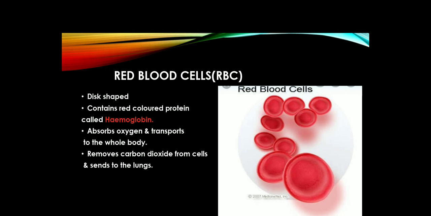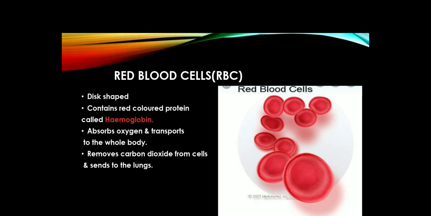And what is the function of hemoglobin? It absorbs the oxygen and transports it to the whole body, and it removes carbon dioxide from the cells and then puts it to the lungs. Okay, so just have a look at this slide. Red blood cell, you should remember these points.